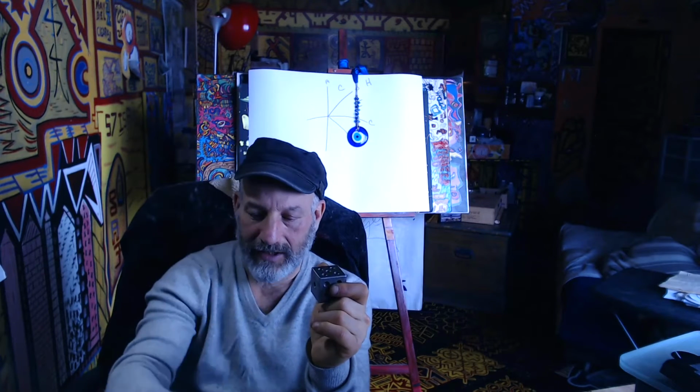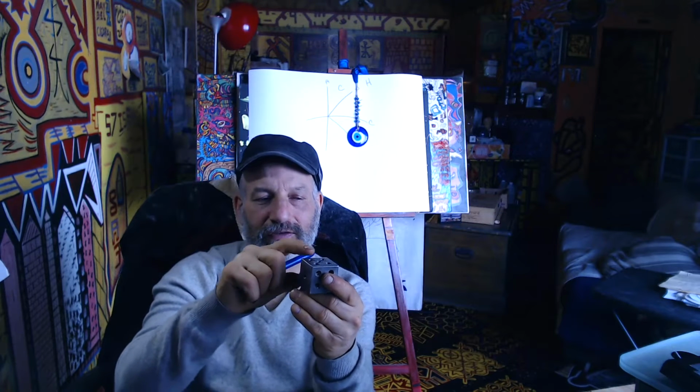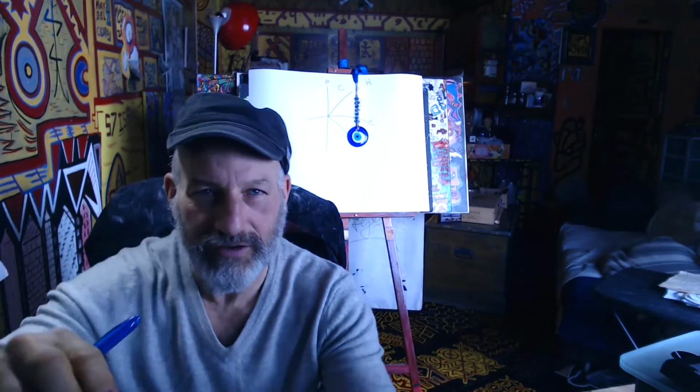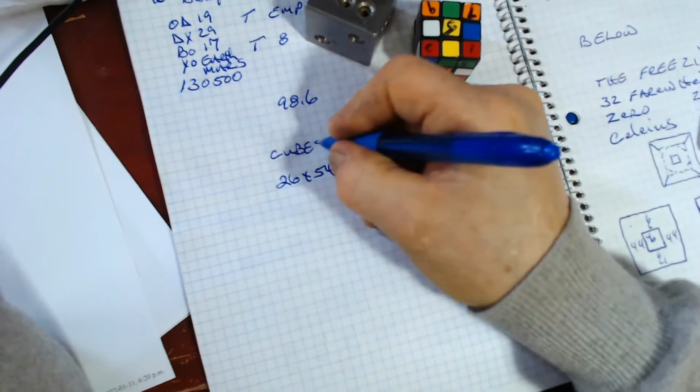So the actuality is there's 26 times 54. Did I get that right? 6, 6, 6, 6, 6, 6, 54 for this area here, and that is going to be 3, 6, 9 cubes. Right. So there's 26 cubes.